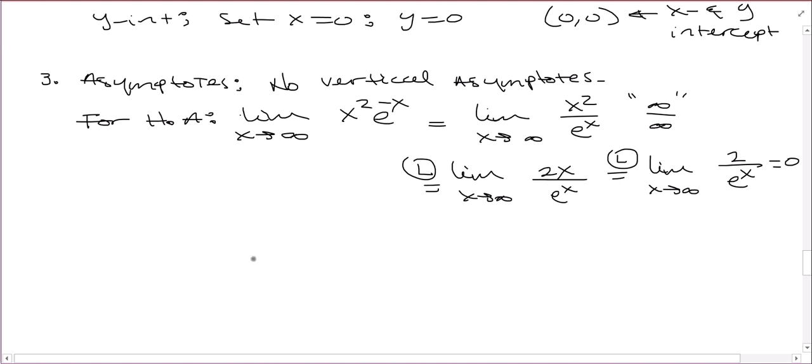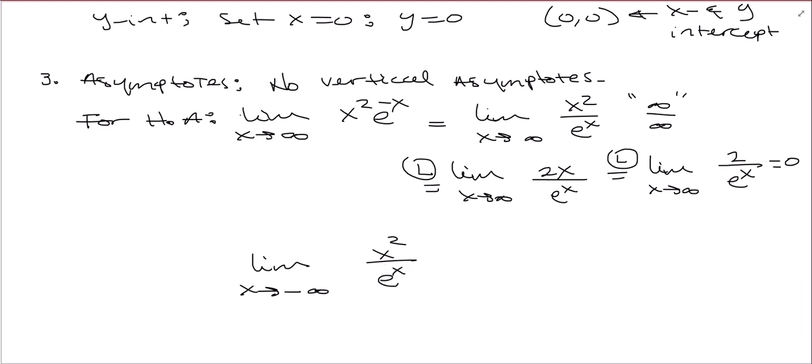What about as x goes to negative infinity? The limit of x squared over e to the negative x, e to the x. In this case, do we even need to rewrite it?